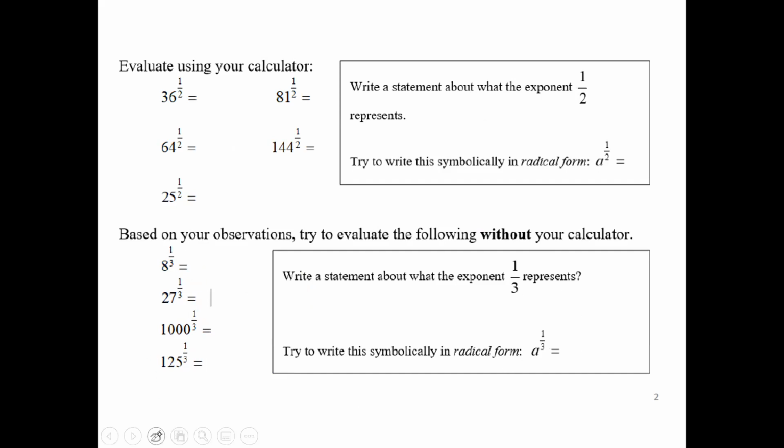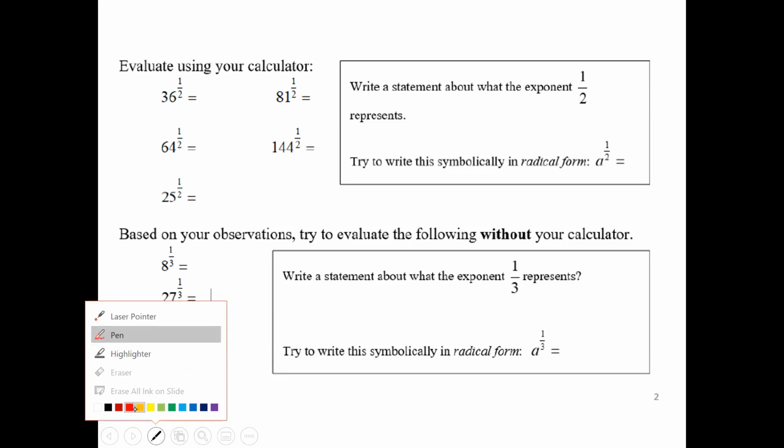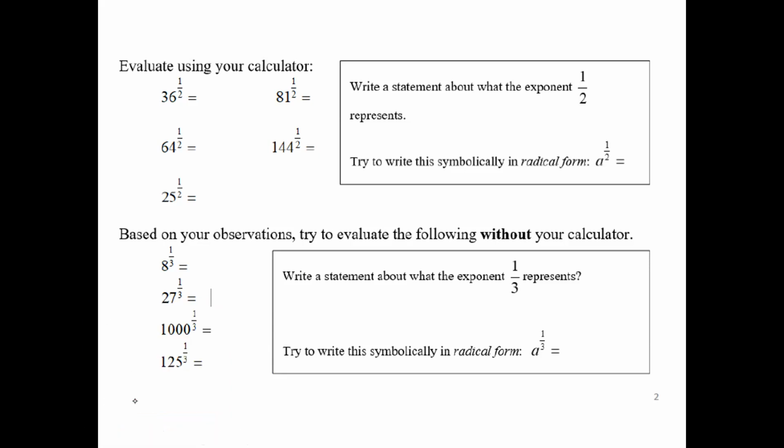So first thing I'm going to do is talk about the statements written like this. Write a statement about the exponent 1 over 2, what it represents. So when you have a square root, this is what it represents, and you want to write this down. On top of the square root, there's just magically a 2 right there.